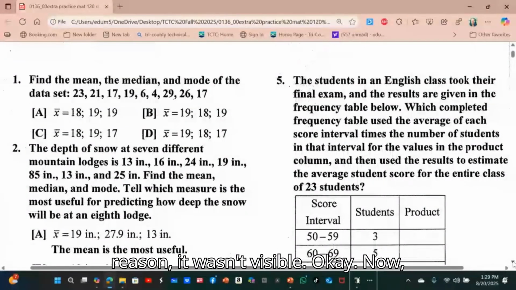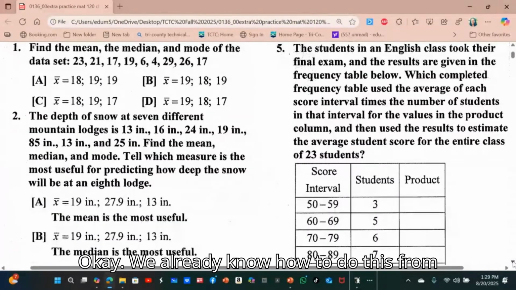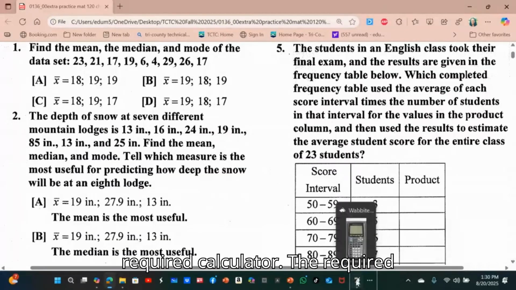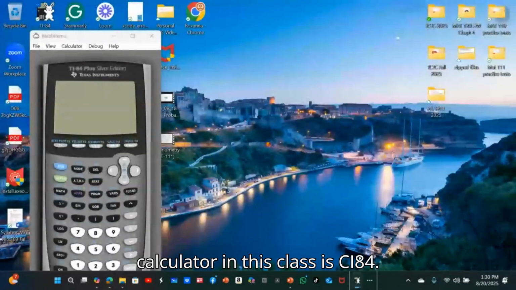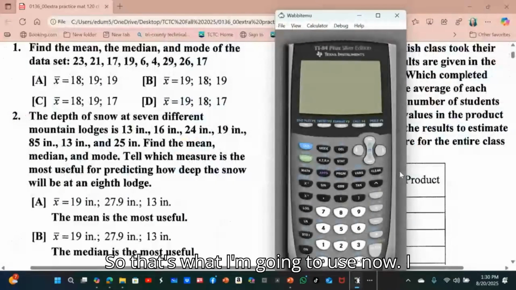Okay, now question number 1 says find the mean, the median, and the mode of the data. We already know how to do this from elementary school, but we still want to review it before we get into what we're doing. So I would like to use the required calculator. The required calculator in this class is the TI-84. So that's what I'm going to use now.